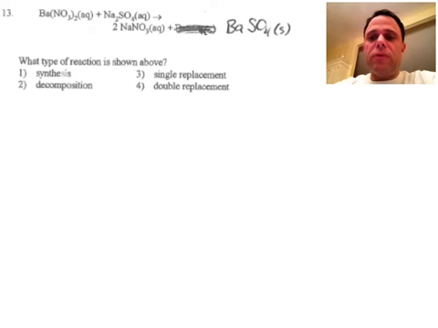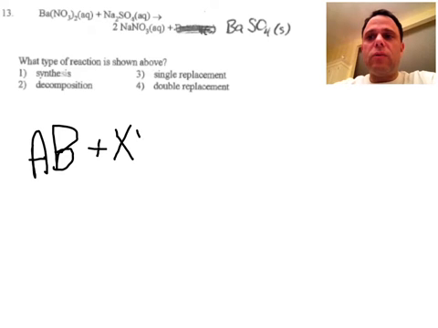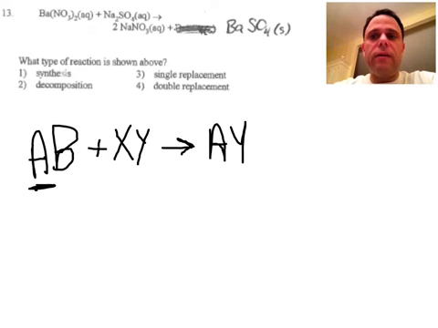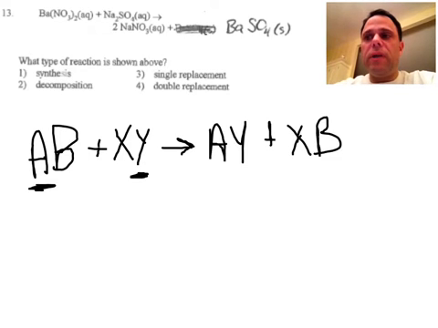This one resembles when we had AB plus XY yielding AY, you see the A combining with the Y, plus XB. This is our classic double replacement.